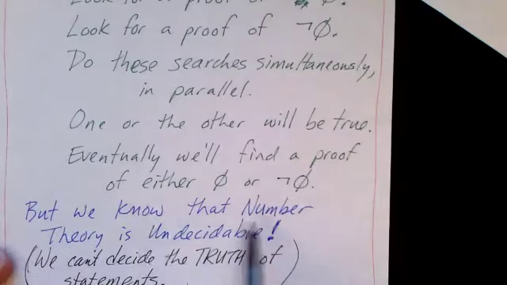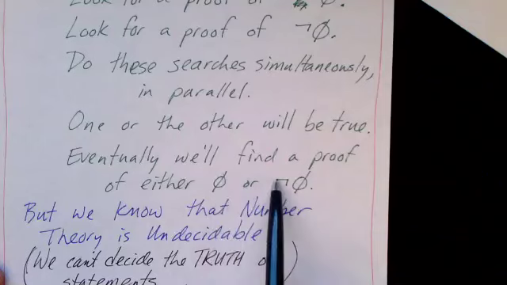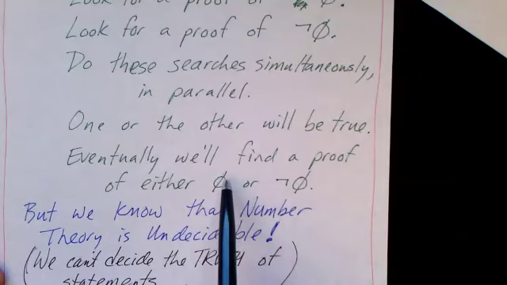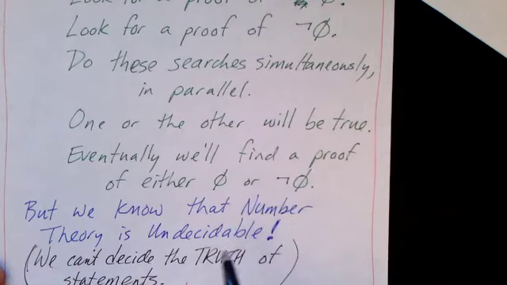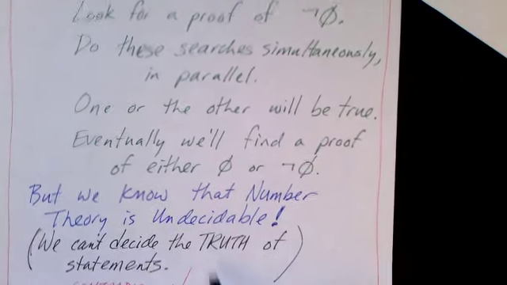But we already know that number theory is undecidable. Okay, so we can't decide the truth of these statements. We can't find a proof of these, so we can't decide the truth of statements.